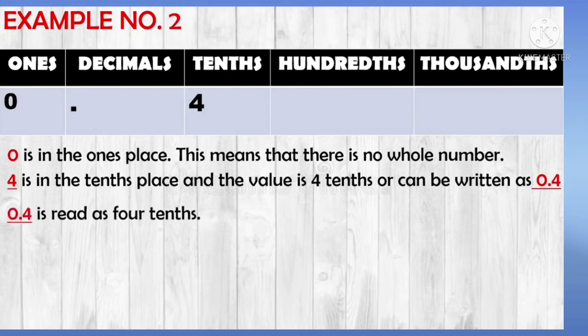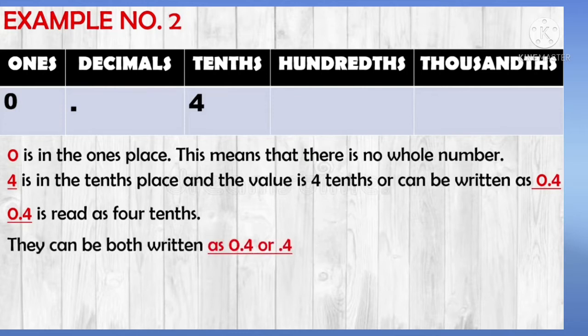Next, 0.4 is read as 4 tenths. Okay? We can read it as 0.4 or 4/10. Why 4/10? Because the 4 is in the tenths. So we can read it as 4/10. They can both be written as 0.4.